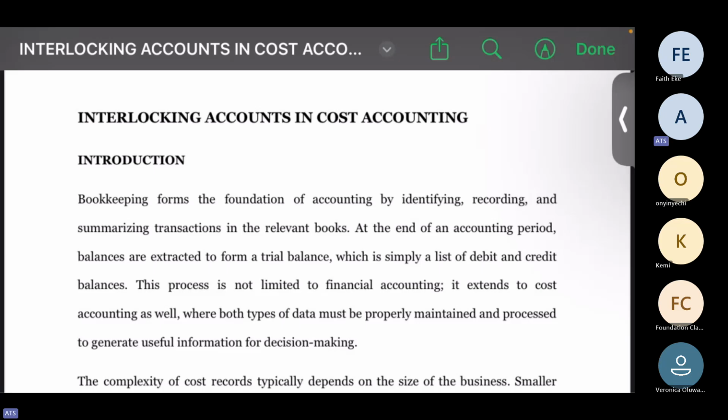Till now we know how you prepare financial statements: you prepare subsidiary books after collecting information, then you prepare the ledger, then the trial balance to test those balances, and lastly you prepare your financial statements.